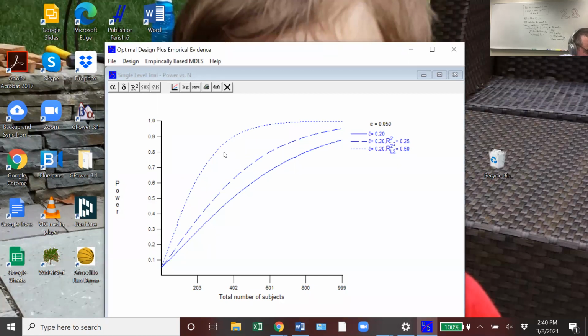And if we've got a lot of explanation from a baseline covariate, now we're down to 300, right? So you can gain a tremendous amount of power if you've got a baseline covariate that explains your dependent variable.